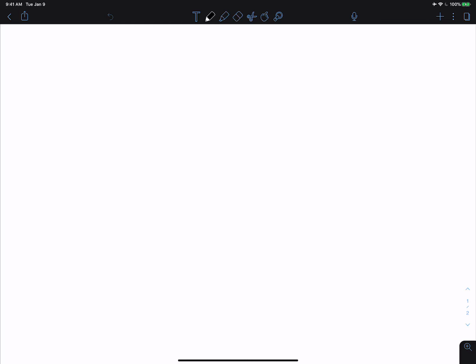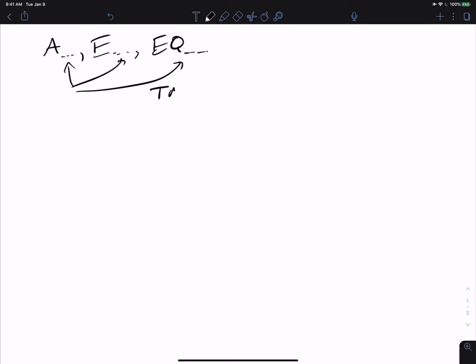Okay, so let's continue from where we left off. Last time we started talking about the A sub something, E sub something, and EQ sub something. In this particular case, we were talking about the Turing machine versions. And what we found last time is that ATM is undecidable, so no algorithm can decide ATM.